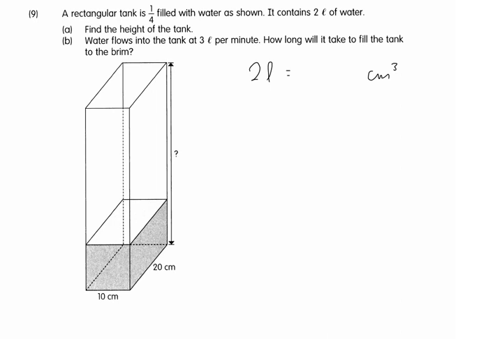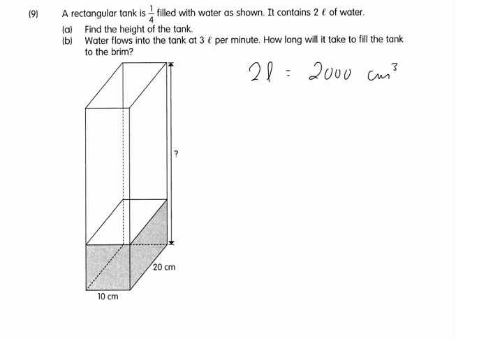2000. So we know that the volume of water in the tank is 2000 cm cube. Okay, knowing the volume of the water in the tank, will I be able to find out the height of the water level in one step?